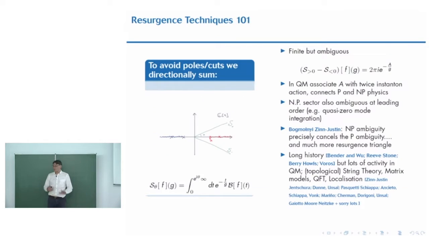Okay, so that's the sort of techniques behind resurgence. Any questions at that point? Is there some theoretical explanation why it should be the case? Well, there's a physical thing, which is physics should be well defined, and my energy should be real.